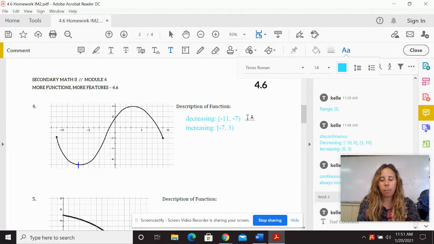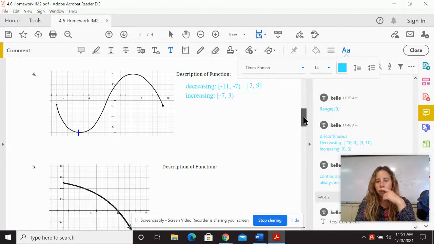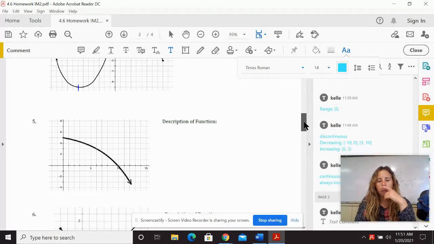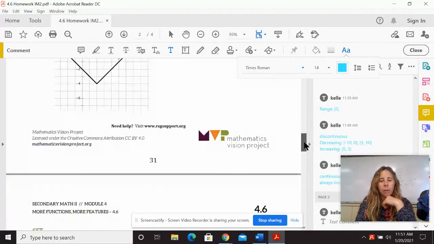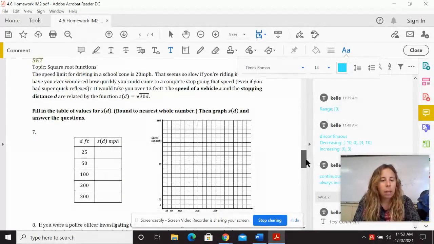So we're also decreasing from 3 all the way to 9. Okay, so there, I did the decreasing and increasing intervals for you for number 4. Number 5, I'm going to let you do. Number 6, I'm going to let you do those. Okay, that's all I'm going to do on those.